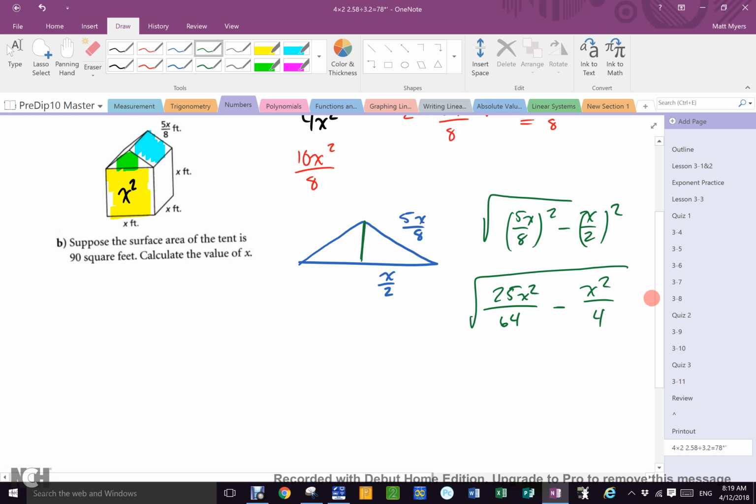You have a few options here. One, you could combine these right now in the square root, right? That's what I do. If I was going to combine these, what do I have to do to that 4?